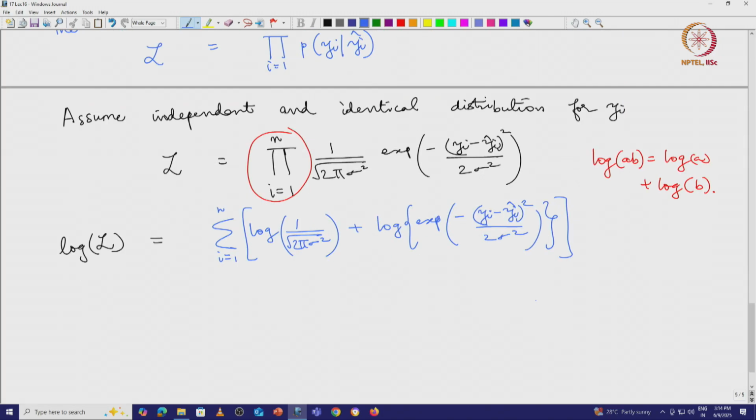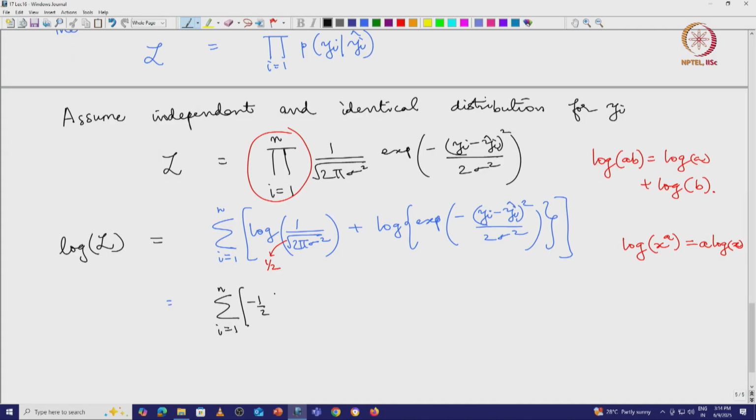Now there are a number of properties of the log function we can utilize here. One of them is that log of x to the power a is a log x. That can be utilized here because the square root is just to the power half, and that half can come outside. So the first term becomes sum i going from 1 to n, the exponent here is minus half, because the square root is in the denominator.